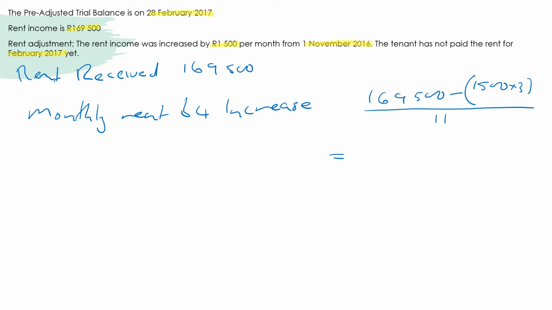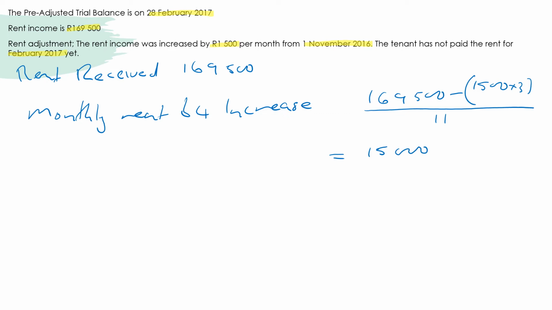Then you put that into a calculator. That will give you 169,500 minus 4,500, then divided by 11. That's 15,000. So the rent before increase, it was 15,000 per month.